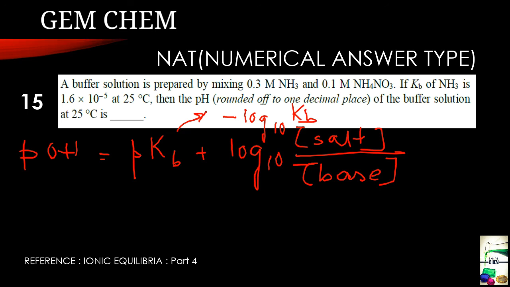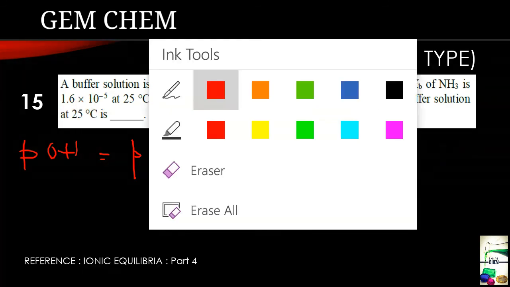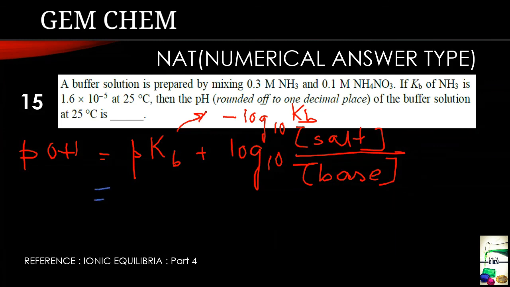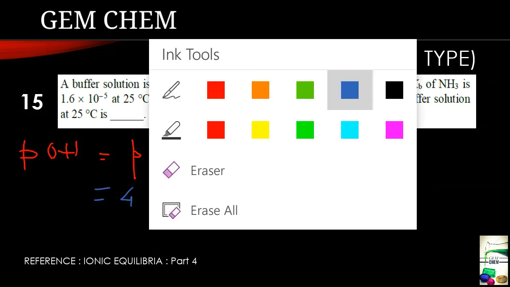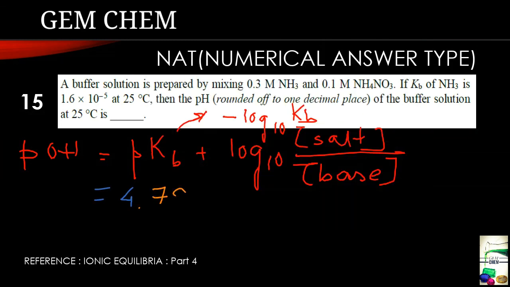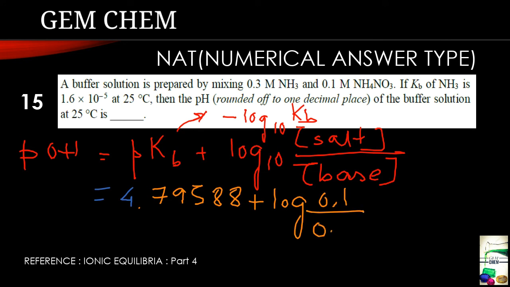So we just get the value of minus log 10 Kb from this and then substitute the salt concentration. So let us do that. Here it comes to be 4.79588 plus log 0.1 by 0.3, and it comes to be near about 4.31888.